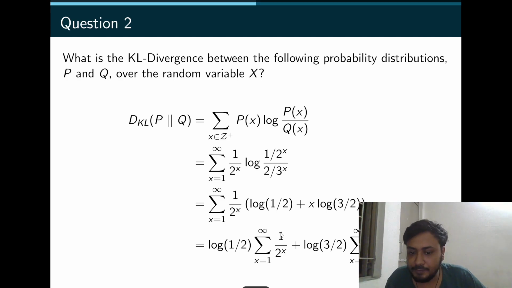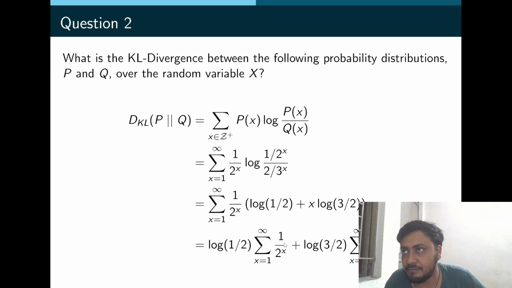All right, you should be knowing already that this is a GP series, geometric progression. I guess you have learned it in maths class. A geometric progression is a series of numbers where each number is multiplied with a ratio r to get the next.